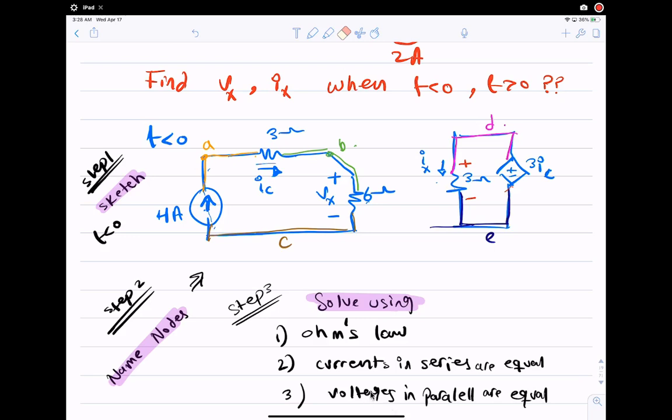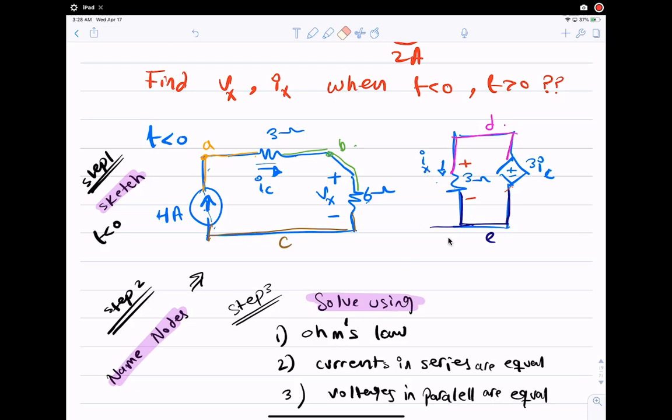We said voltages in parallel are equal. Then the voltage at the 3 ohm resistor equals the voltage at the dependent source, which equals 12 volt. Now, if this voltage is 12 and the resistor is 3 ohm, what is the value of the current?